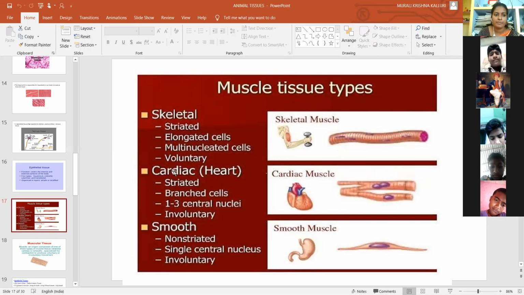Next one is the cardiac muscle. Cardiac muscle is present in the heart.